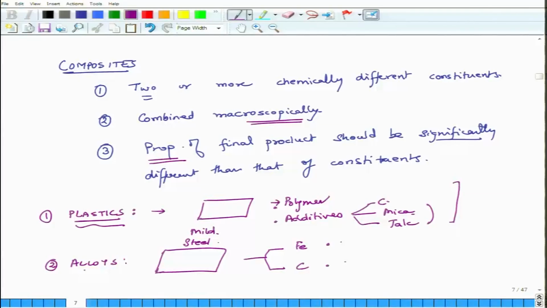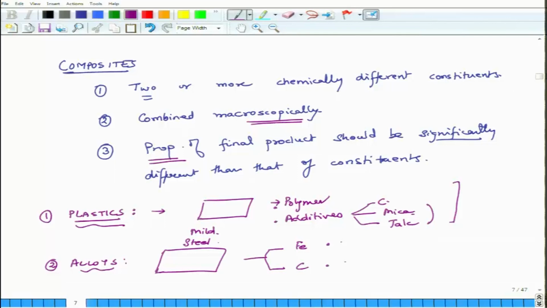So, for that reason these alloys also we cannot classify them as composites, and for the same reason there are a lot of metals which have impurities, and for the same reason they are also not classified as composites.